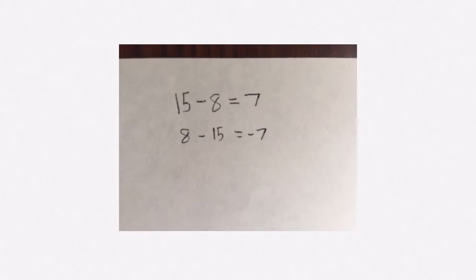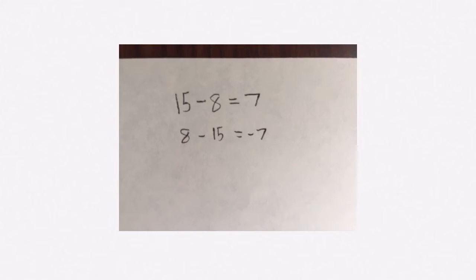Now, as you can see from these equations, both come out to be 7s, except one is a positive and one is a negative. Now, why is that, you may ask? Well, as you can see from the first equation, the second number, 8, is smaller than the positive 15. So when you subtract those two, the positive number will be bigger, therefore the total will be positive.